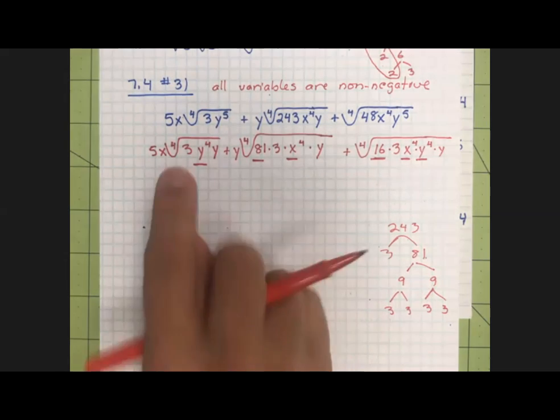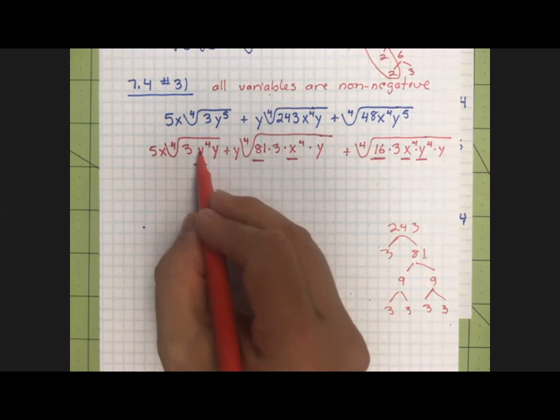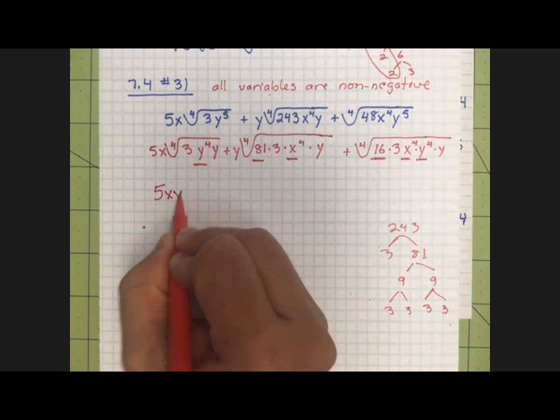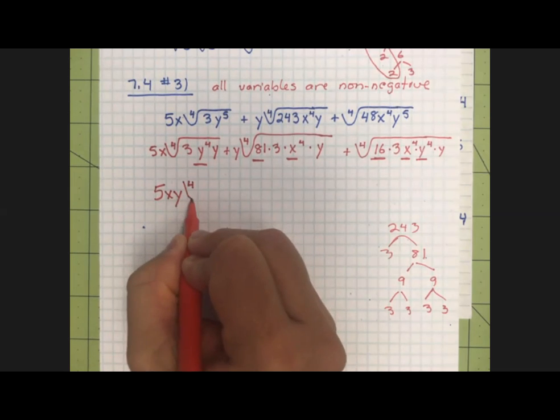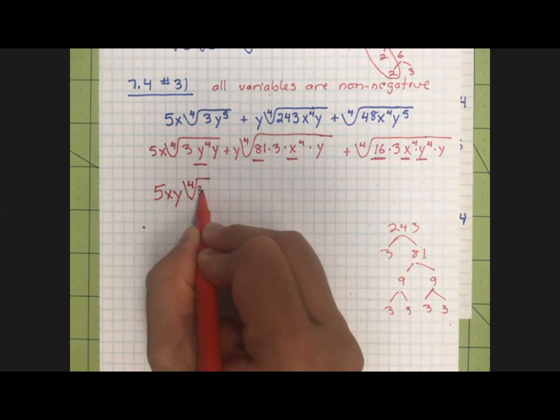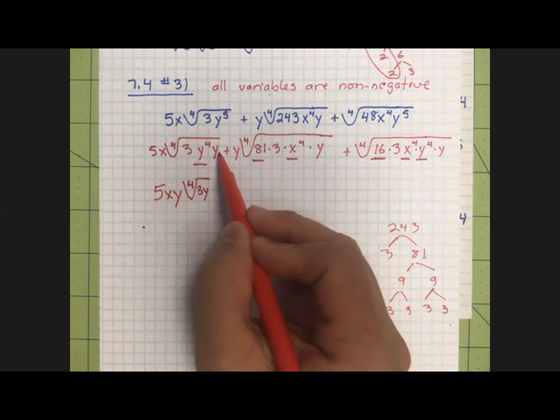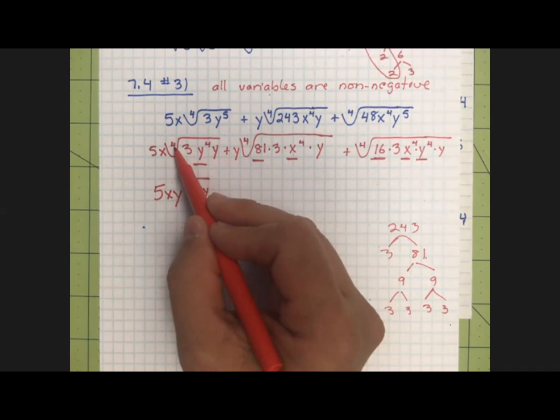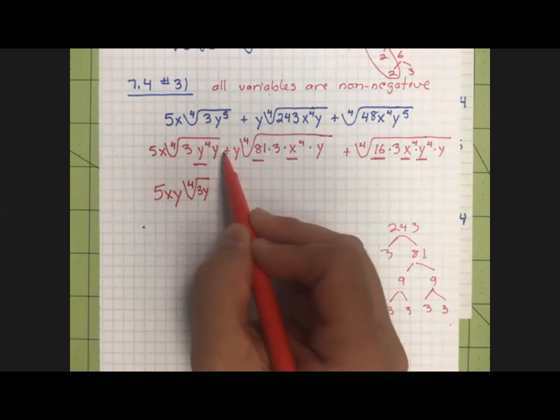Now let's remove the perfect 4th powers. The 4th root of the 4th power of y is just y. So this is 5xy times the 4th root of 3y. Think about the 3y as not being strong enough to escape. There's no 3 to the 4th. There's no y to the 4th. These are left behind in this 4th root prison, because they don't have enough power to get out.